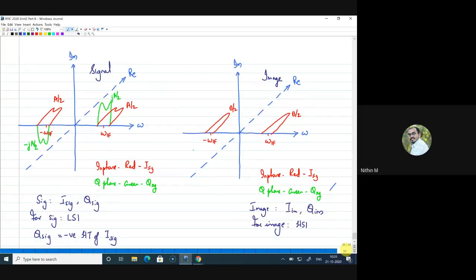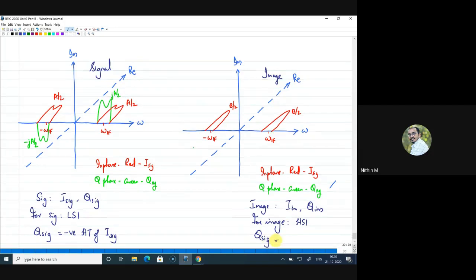So since for the image it is HSI, the Q signal component will be the Hilbert transform of the I signal component. So I'll again use the same green color. This will be the quadrature component, and on the other side we'll have this as the quadrature component, right?